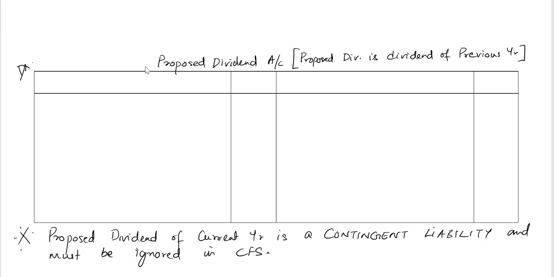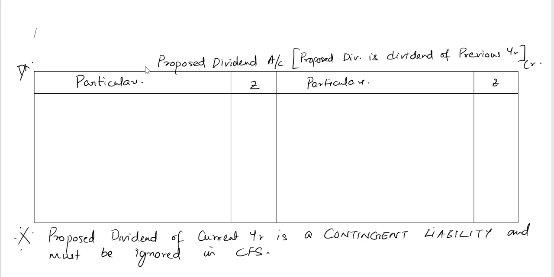We'll continue with preparing the ledger account. Left side debit side, right side credit side. Particulars, rupees, particulars, rupees.